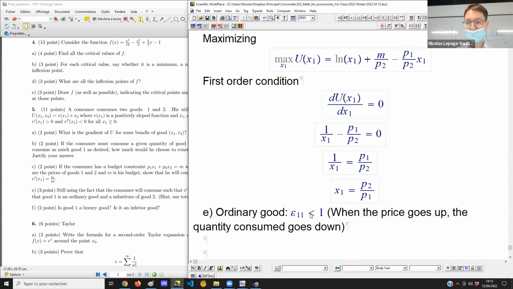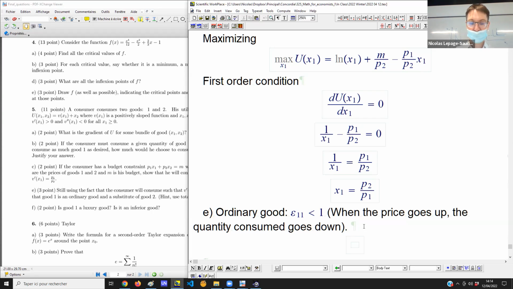So that's an ordinary good. So let's say we have a solution for x1. We don't have to care too much about the utility, because anyway, not the utility, the elasticity. What matters is the derivative.